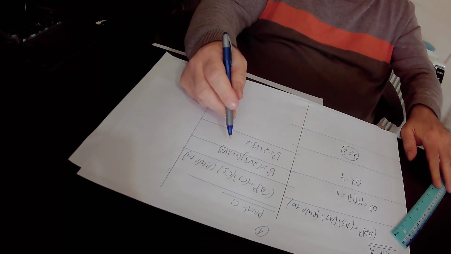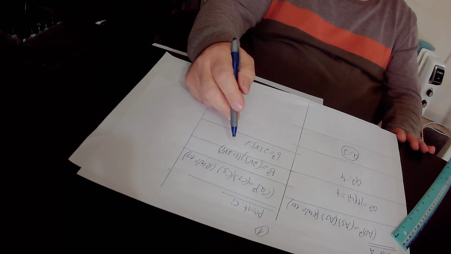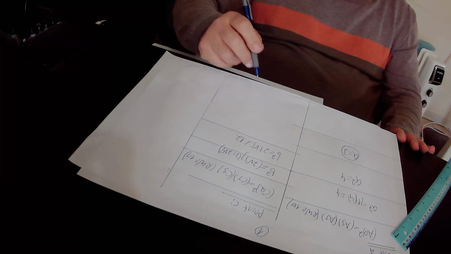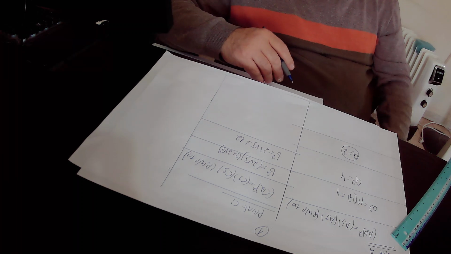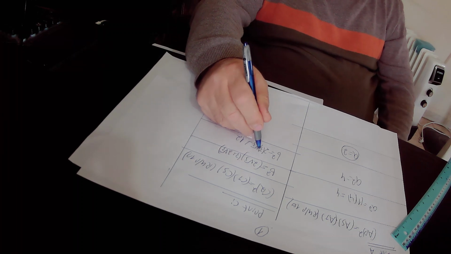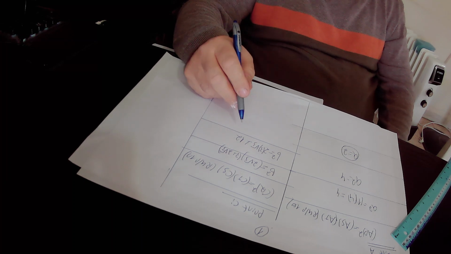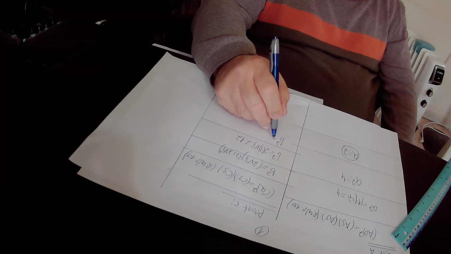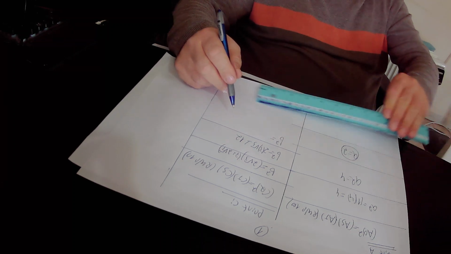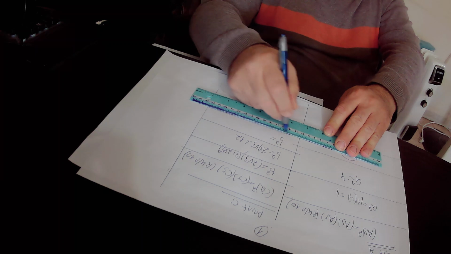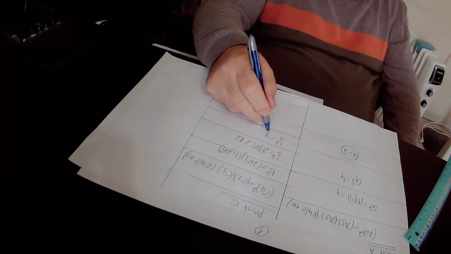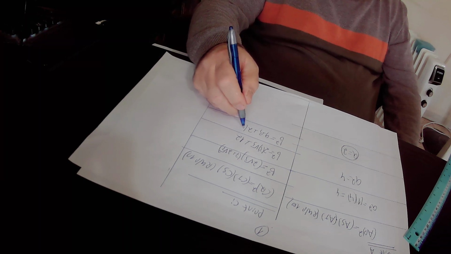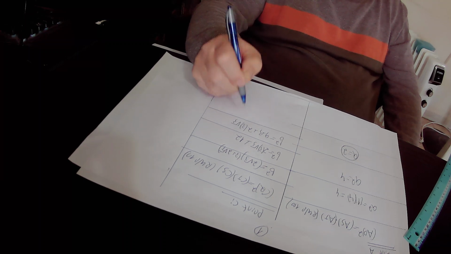Because 2 times 2 is 4, square root of 3 times square root of 3 is 3, and 4 times 3 is 12. So B squared equals 2 times 3 times square root of 3 plus 12. We substitute 12 by 9 plus 3, so B squared equals 9 plus 3 plus 2 times 3 times square root of 3.